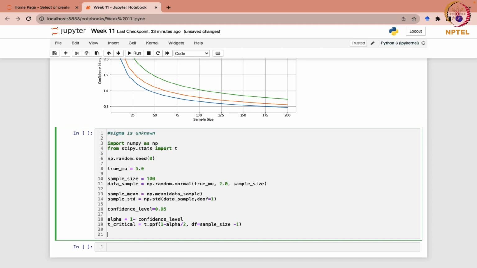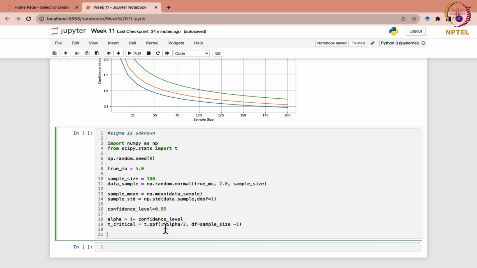Here we have specified the confidence level 0.95, so the 95% confidence level is there, and alpha is defined, that is we have calculated the significance level, and the t critical value. This t.ppf function is from scipy's t distribution module that we have imported already.